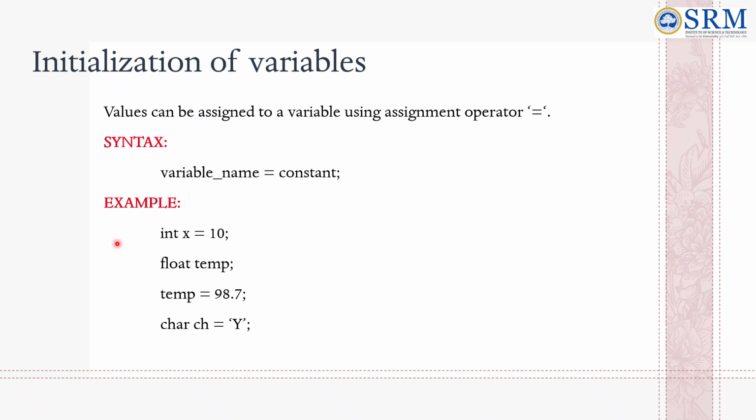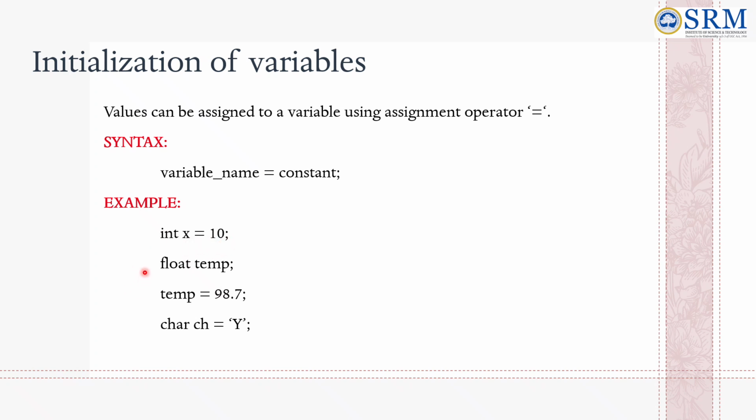And here we have the example: int x. x is the variable of integer data type. So x can hold only integer value, that is whole number. x is given the value 10, x equal to 10.